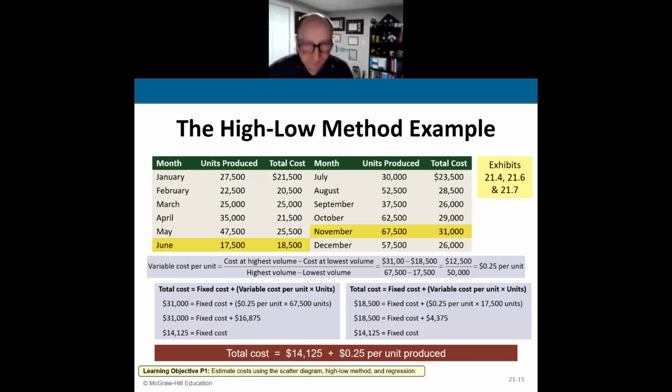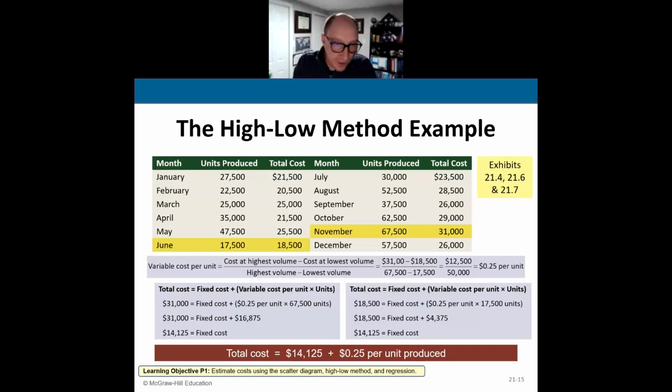Now, I need to find my fixed cost from this data. How do I do that? I know what my variable cost is per unit. It's 25 cents. And I know a couple of other pieces of information. My total highest cost was 31,000.